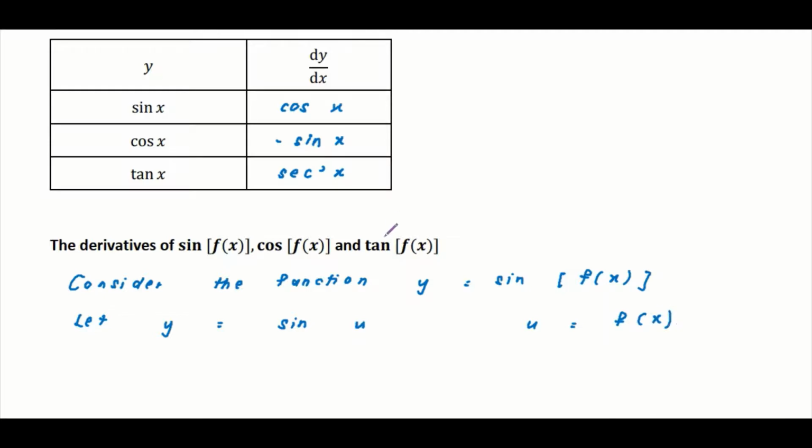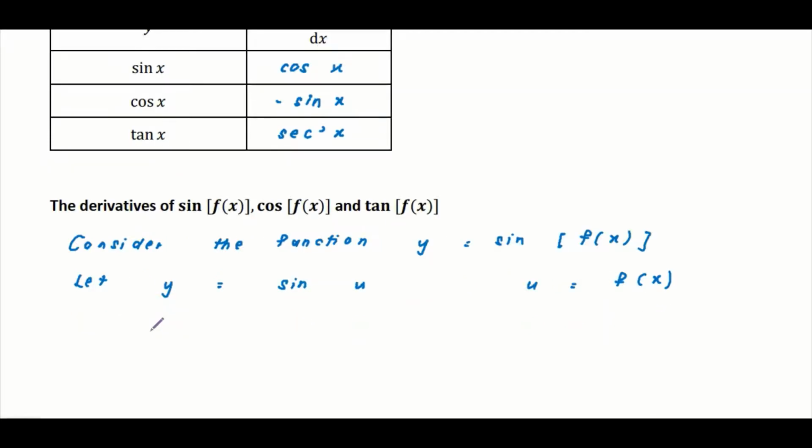Now we differentiate. dy/du: when you differentiate sine u, you get cos u. For u, when you differentiate du/dx, you get f prime x as well.